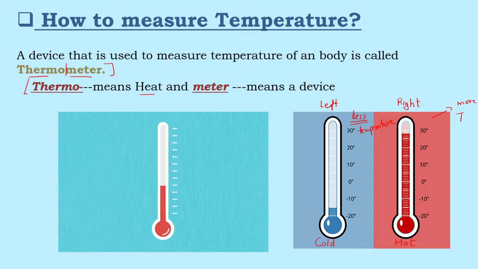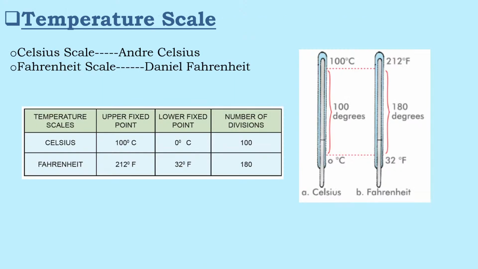Let us try to understand different types of thermometers and different types of scales we have. We have the Celsius scale, and there is something called the Fahrenheit scale. Suppose I take a thermometer and try to find out the temperature of the water in this beaker, and I say the temperature is 60.